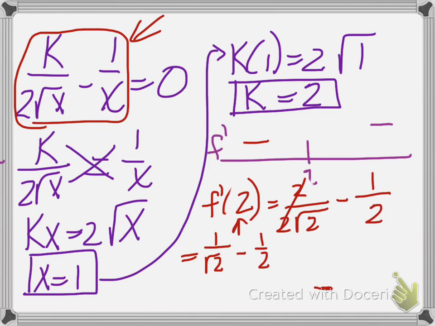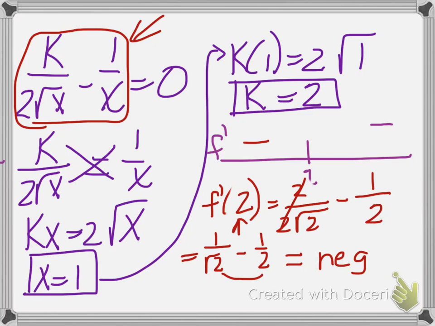Now, obviously, when you compare a radical 2 and a 2, radical 2 is a smaller number. So therefore, negative 1/2 is the bigger number, and you're going to end up with a negative. Okay, I'm a complete idiot, because 1 over radical 2 is actually 0.707, which I should have recognized right away because that's the sine and cosine of 45 degrees.